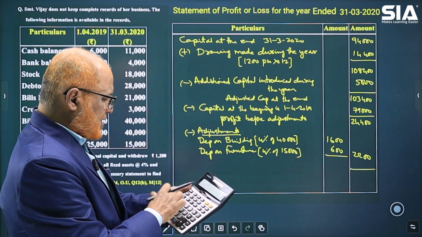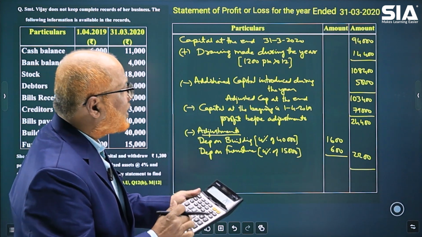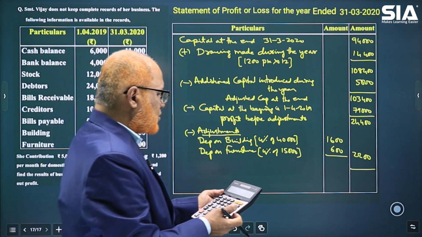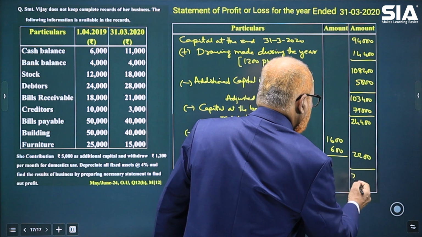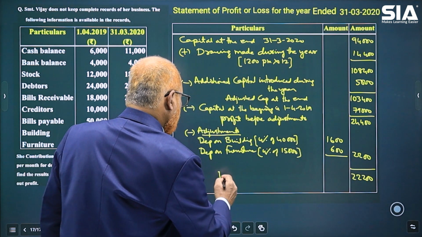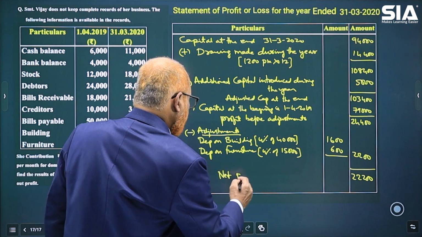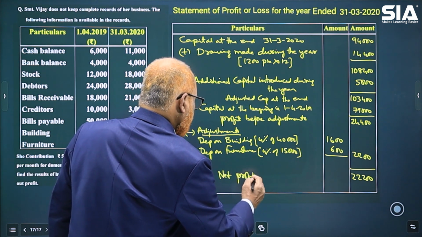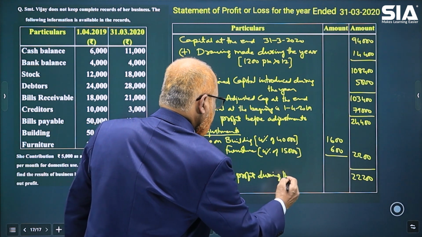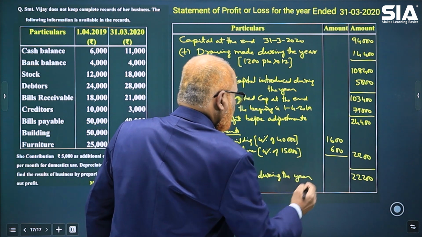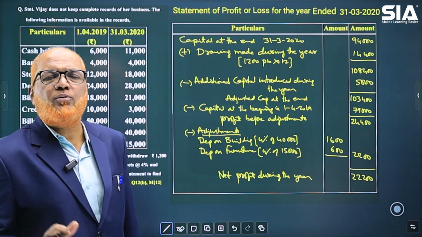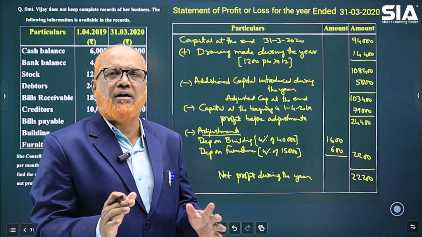Subtract: 24,400 minus 2,200 comes to 22,200. Net profit during the year. That's what it is asking in the problem, to find out the net profit earned.